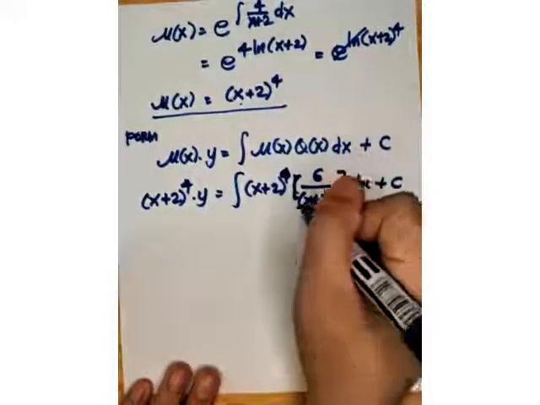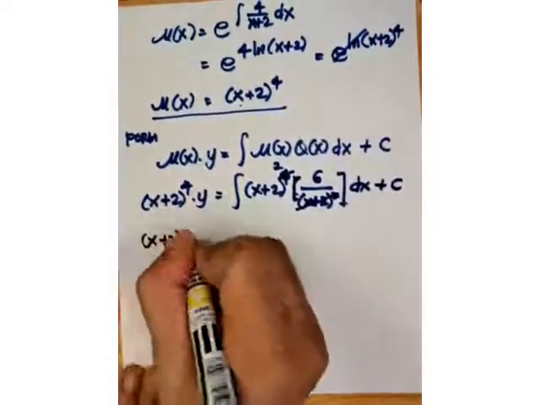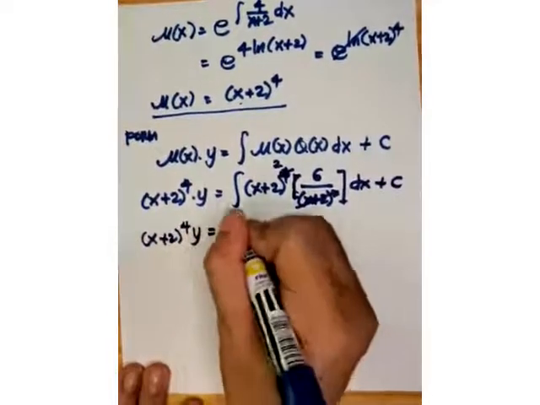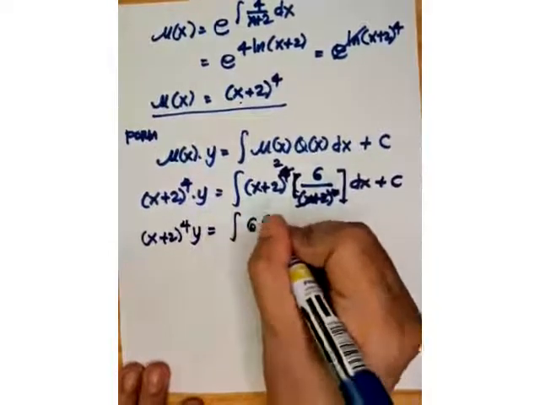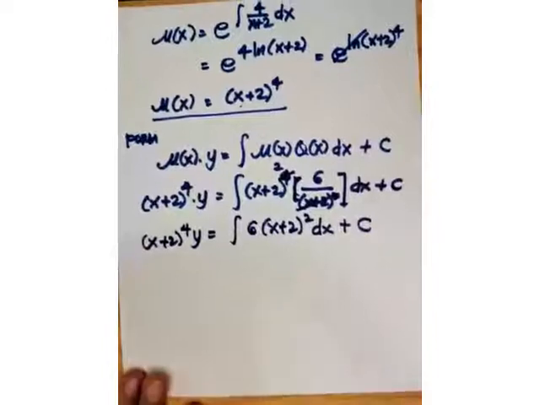So we can cancel, and only the square is left. So we have x plus 2 to the 4th y is equal to the integral of 6 times x plus 2 squared dx plus c.